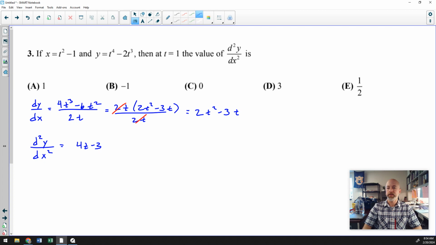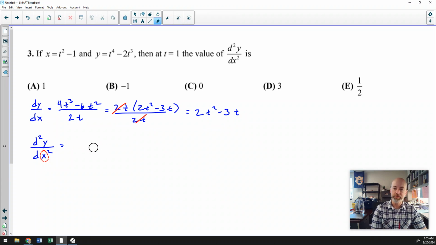And you have made a mistake, because we are differentiating with respect to x. This is why I love Leibniz notation over the f prime, y prime type notations, because Leibniz tells you explicitly what your independent variable is, and I am differentiating with respect to x. t is not an x, which means my second derivative of a parametric curve must be done implicitly.